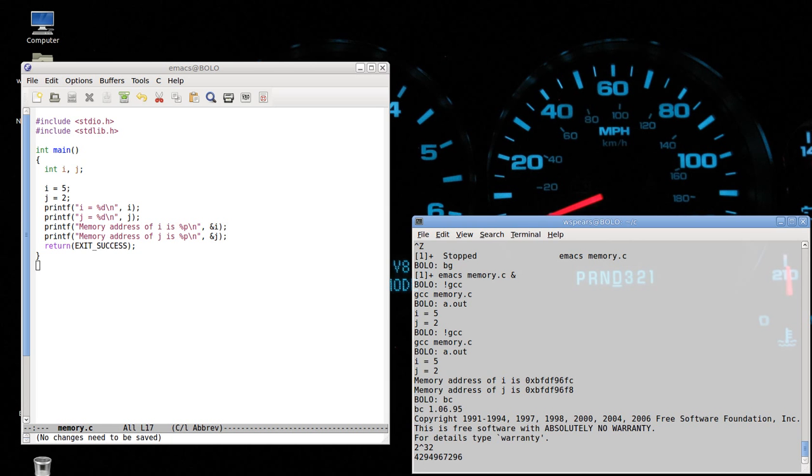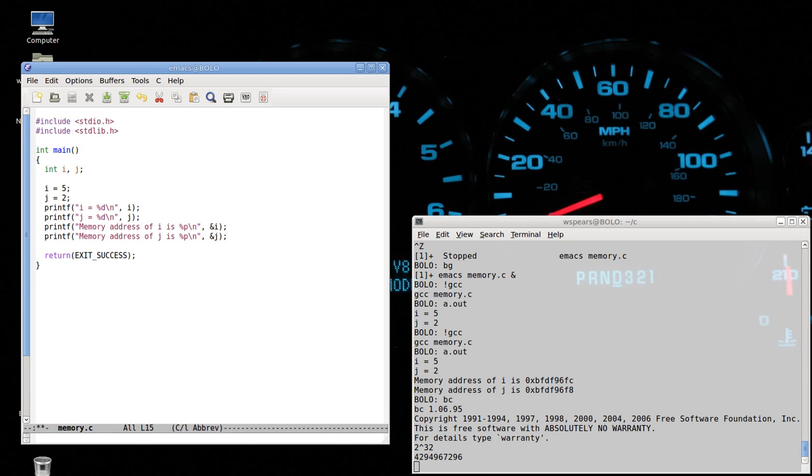And that's again consistent with the idea of buying 4 gigabytes of RAM. Or putting it another way, it's consistent with having a 32-bit machine. A 32-bit machine means that we can access up to 4 gigabytes of memory locations, but no more. So that's why we have to buy things like 64-bit machines in order to access more memory. We can only access 32 bits of memory with this notation.